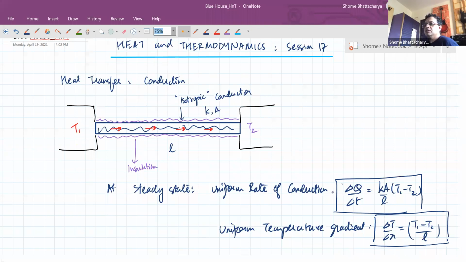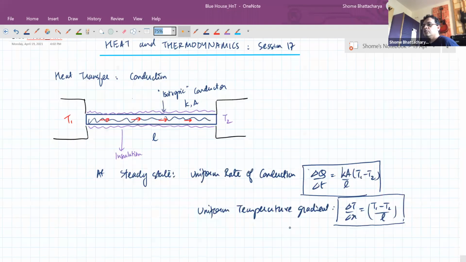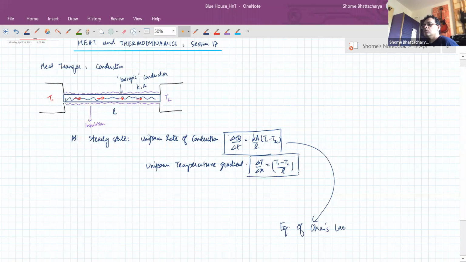Now this equation, we can generalize into an equivalent of Ohm's law for thermal conduction as opposed to electrical conduction. So we can make it that the heat current is equal to the temperature difference divided by thermal resistance.